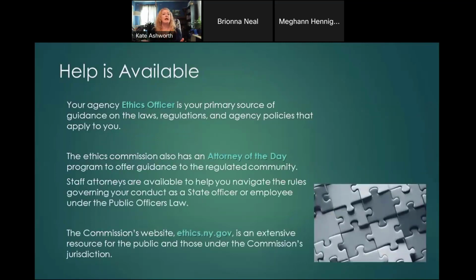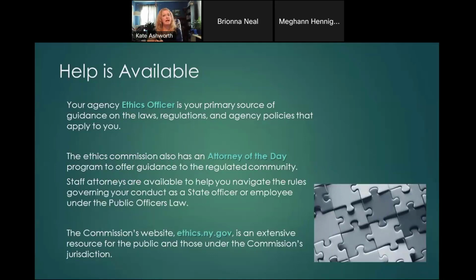All right. Now, we end with encouraging people to reach out for help when they need it. So we refer people first to their agency ethics officer, and that is primarily because the agency ethics officer, you, are in the best position to know what additional policies may apply to the employee.